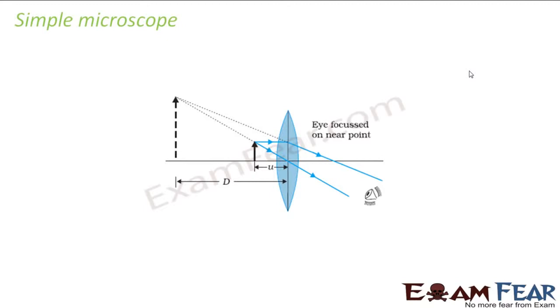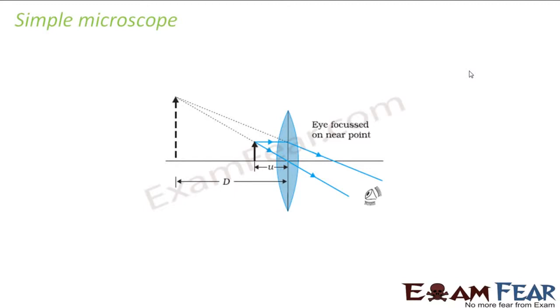A simple microscope is nothing but a convex lens. That's it. If an object is placed very near to a convex lens, the image which is formed is a very enlarged as well as erect image. So that is the purpose of a microscope, right? In a microscope, we want to view an object, and generally we view it very closely.